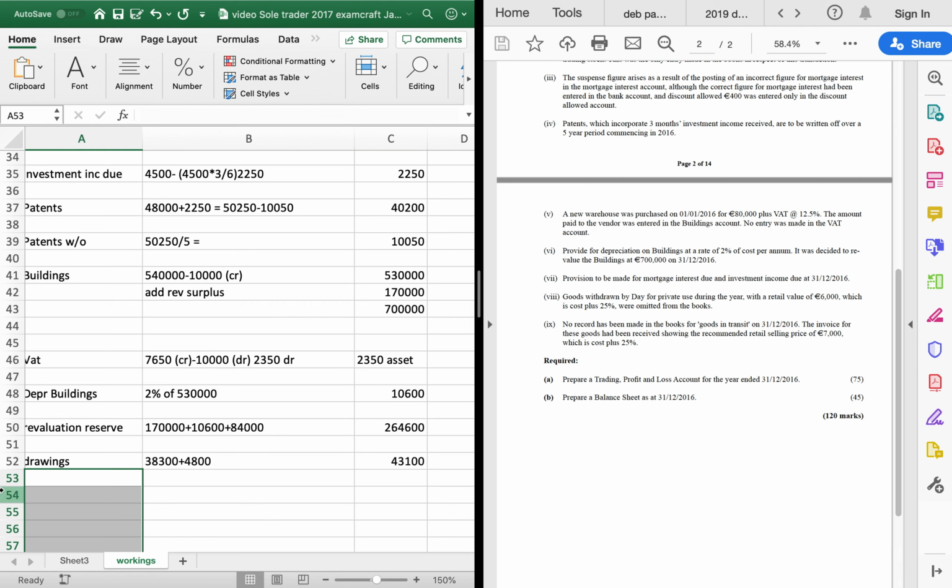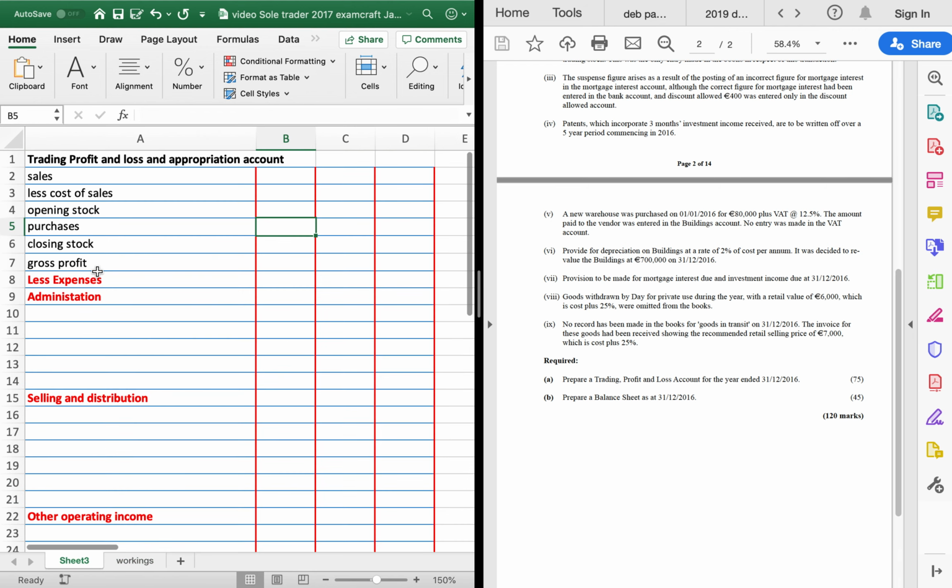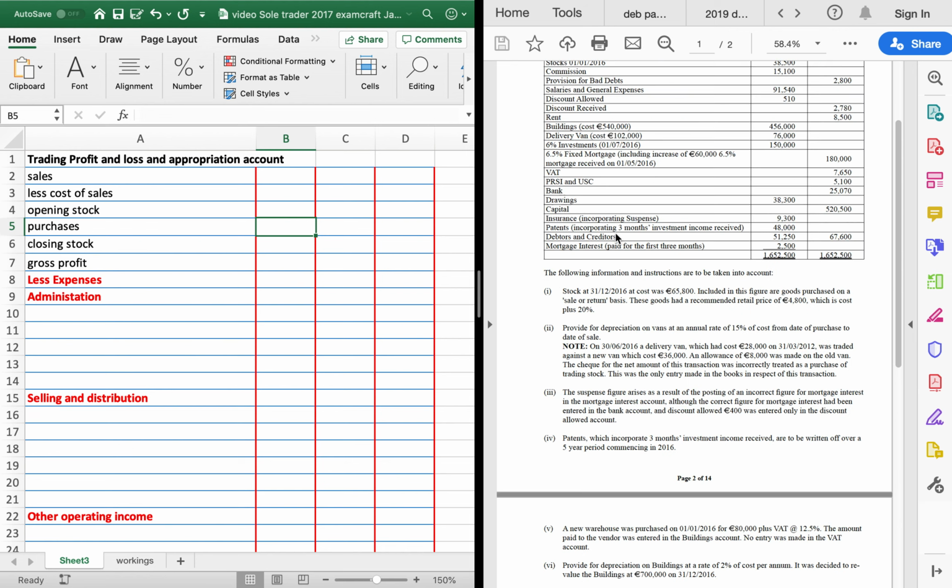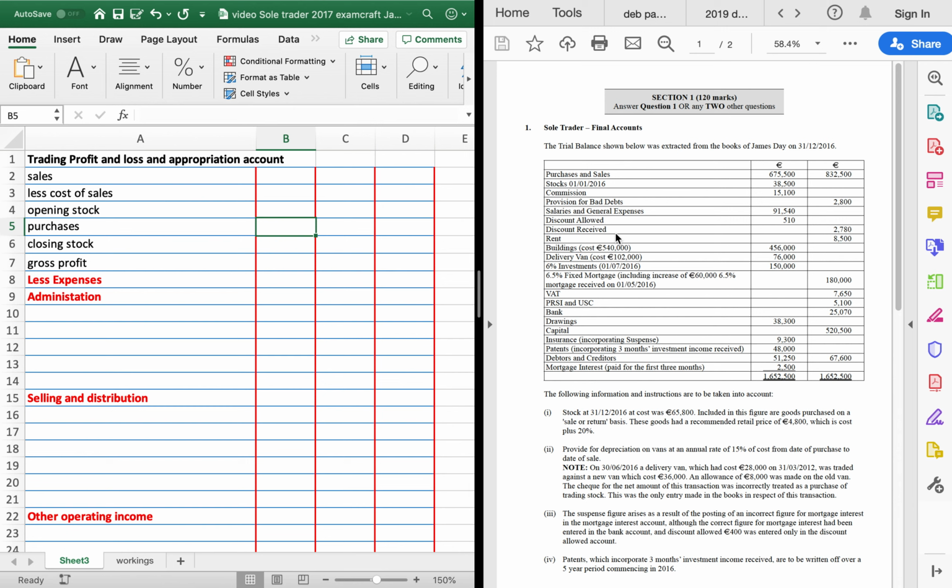Some people like to start at the top, at sales, and work their way down. The really important thing is that you get everything in. Every number from your workings page needs to go in, and every number that hasn't been changed as a result of a working needs to go in as well. It's up to you lads, but I'm going to do it the way I would do it.